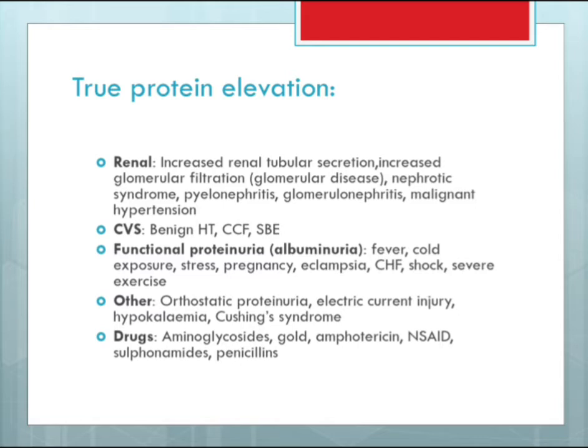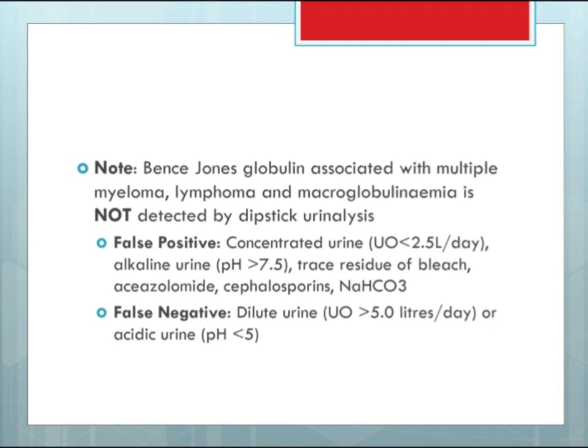Functional proteinuria, which is albuminuria, is due to fever, cold exposure, stress, pregnancy, eclampsia, congestive heart failure, shock, severe exercise, orthostatic proteinuria, electric current injury, hypokalemia, Cushing syndrome. Drugs include aminoglycosides, gold, amphotericin, NSAIDs, sulfonamides, penicillin.